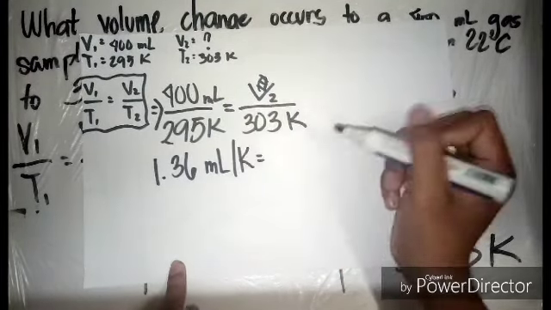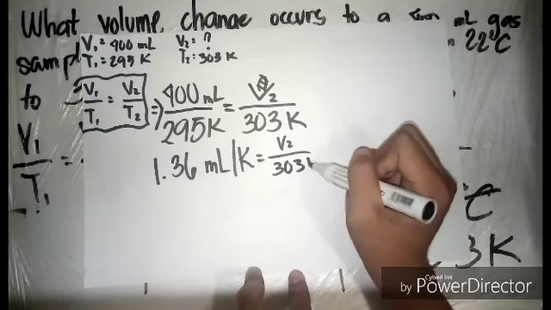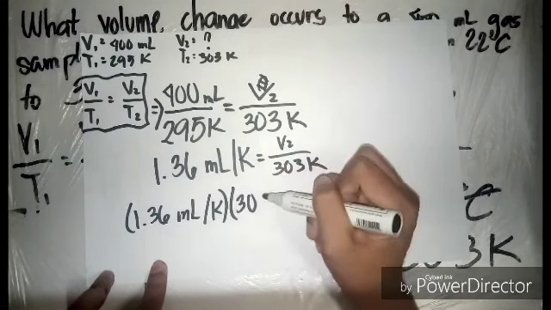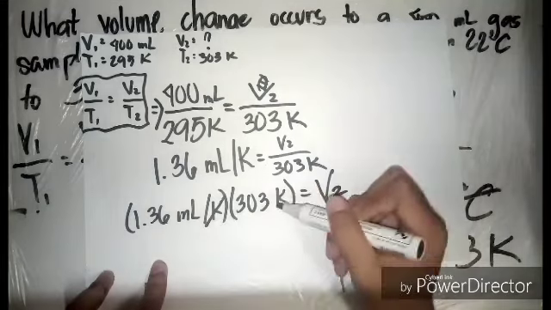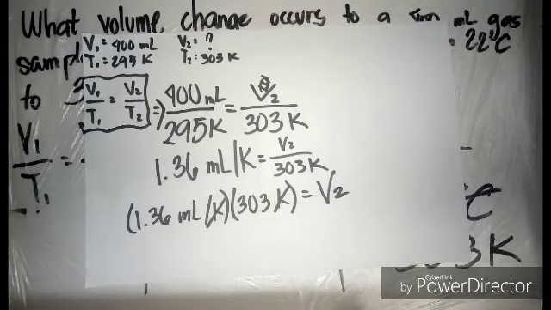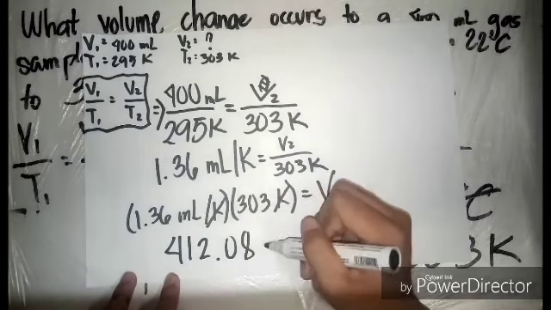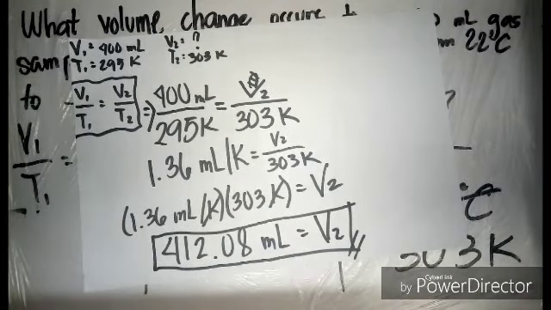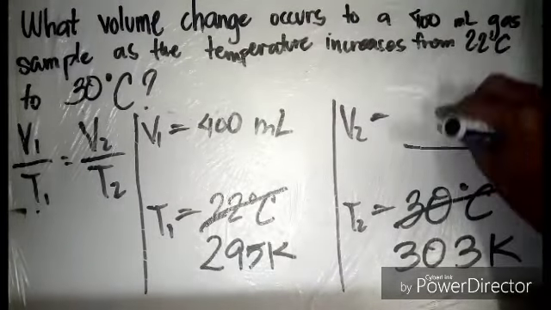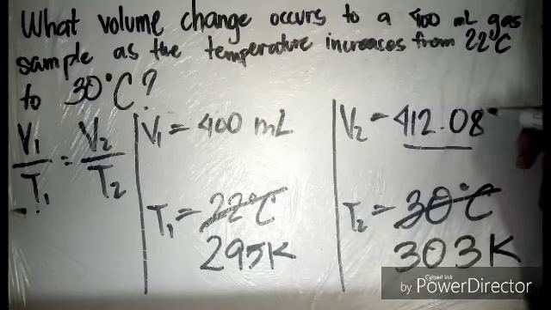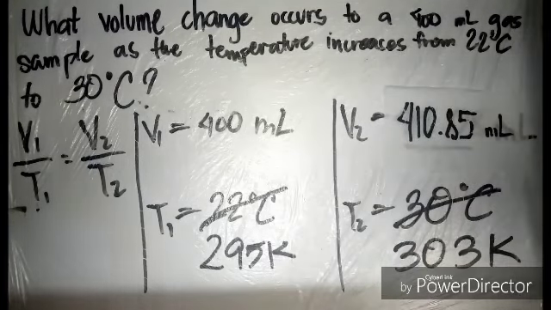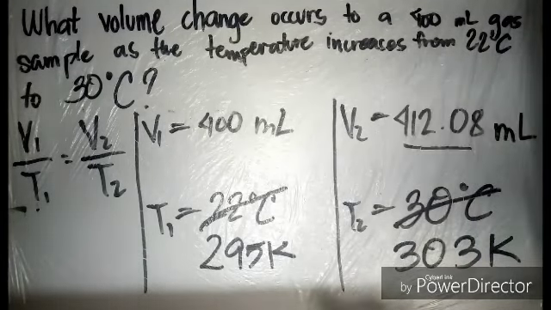Now 400 ml divided by 295 Kelvin equals 1.36 ml per Kelvin, and by doing some cross multiplication, our second volume is 412.08 ml, and that is the approximate answer or the estimated answer. And don't forget the unit. Now the exact answer is 410.85 ml without having any estimation.